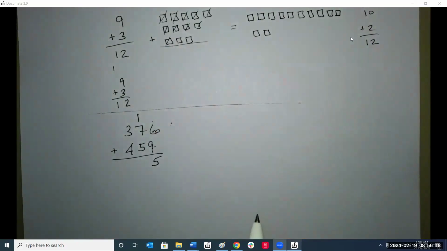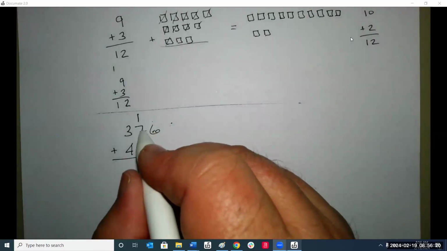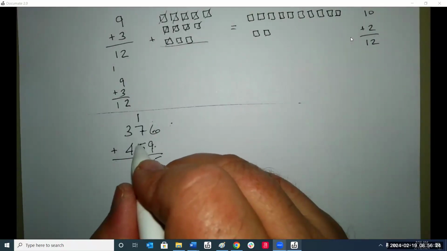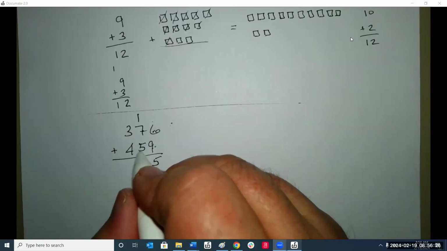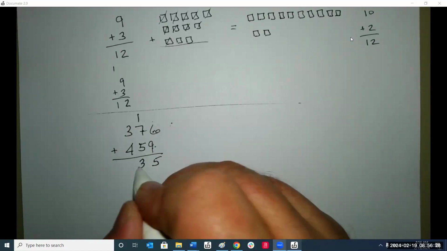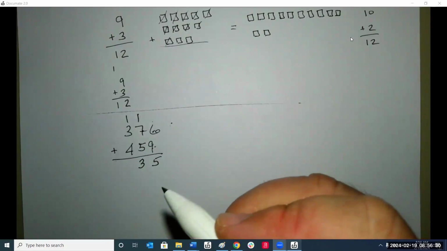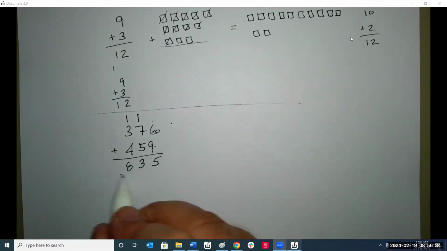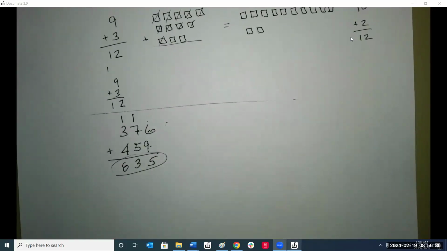Carry the 1. 1 plus 7 is 8, 9, 10, 11, 12, 13. Carry the 1. 1 plus 3 is 4. 4 plus 4 is 8. Again, once they understand the doubles and everything, it'll make it much easier for them.